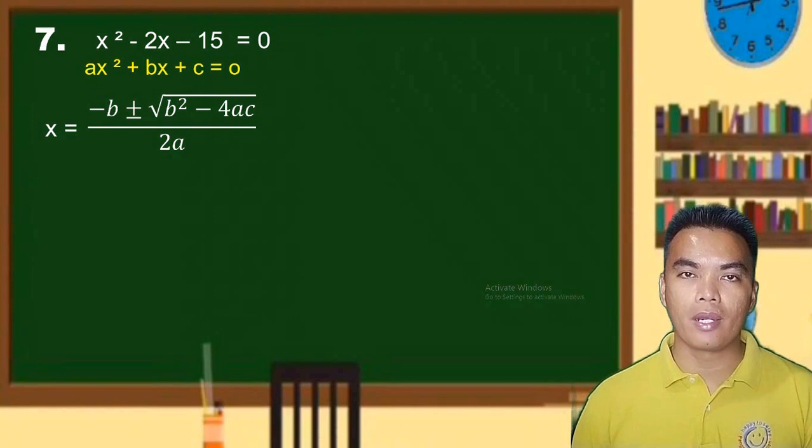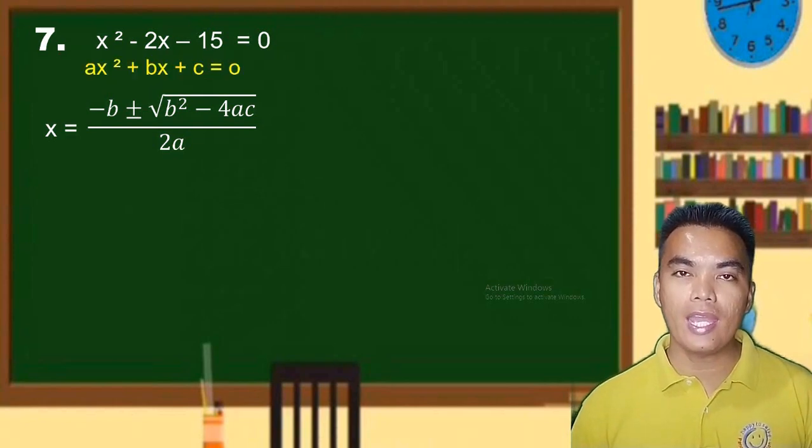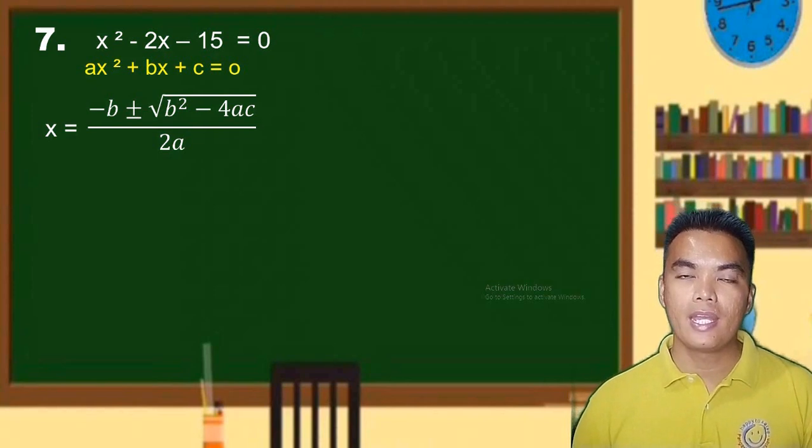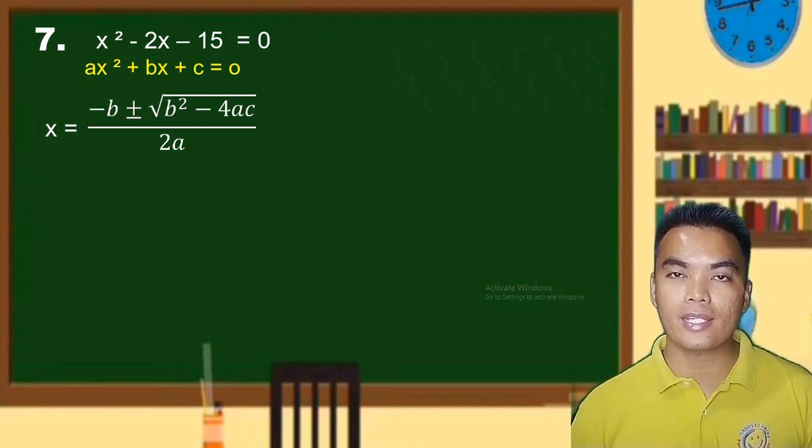And we need to remember the equation ax² + bx + c = 0, wherein a is the numerical coefficient of x², b is the numerical coefficient of x, and c is the constant.